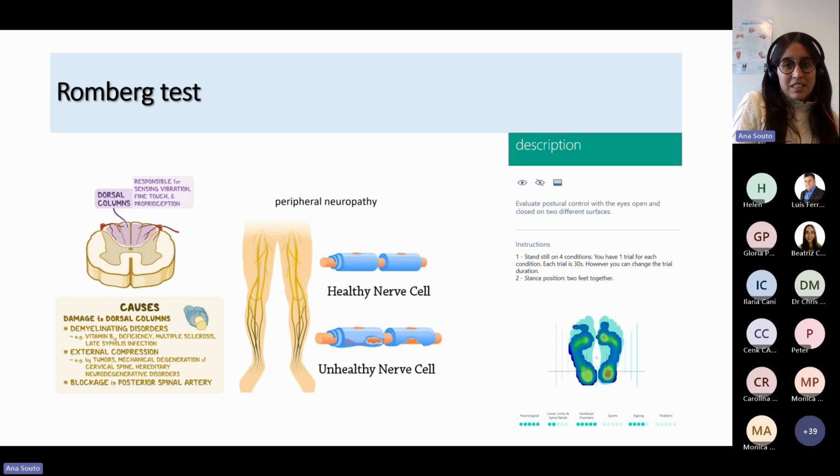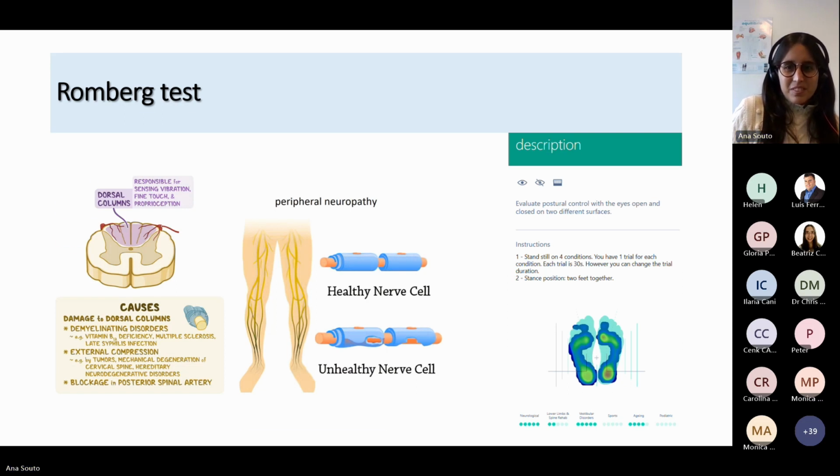It is a neurological assessment that is used by healthcare professionals worldwide. It assesses the function of the dorsal column of the spinal cord, so proprioceptive function, and it's been used in clinic for 150 years, a lot of time.